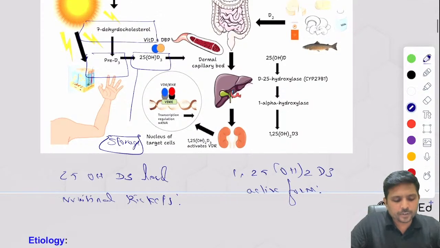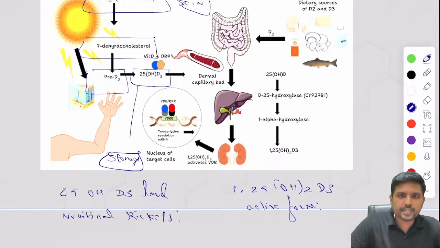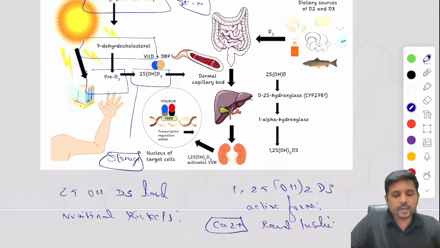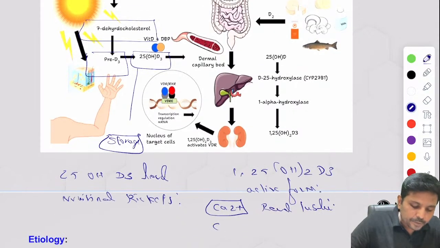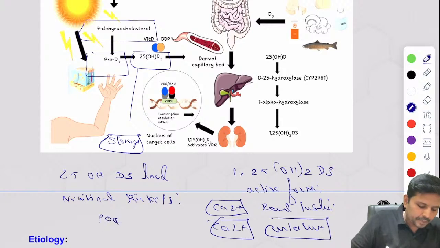So what is the role of the active form of vitamin D? The role of this 1,25 dihydroxy D3 is to absorb calcium from the intestine and reabsorb calcium from the renal tubules, but it also causes absorption of phosphorus from the proximal renal tubule.